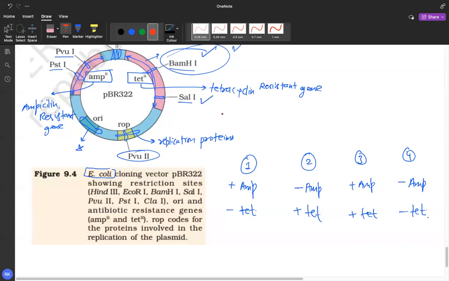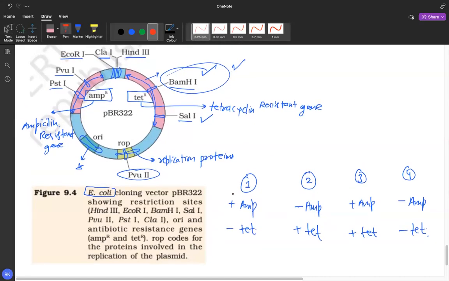Yeah, we're talking about some antibiotic resistance and how it works when we use this plasmid, which is on board. So if ampicillin is present, and if our plasmid is a recombinant, we have used BAM H1. Using BAM H1 simply means one thing, that the TET resistant gene is inactive.